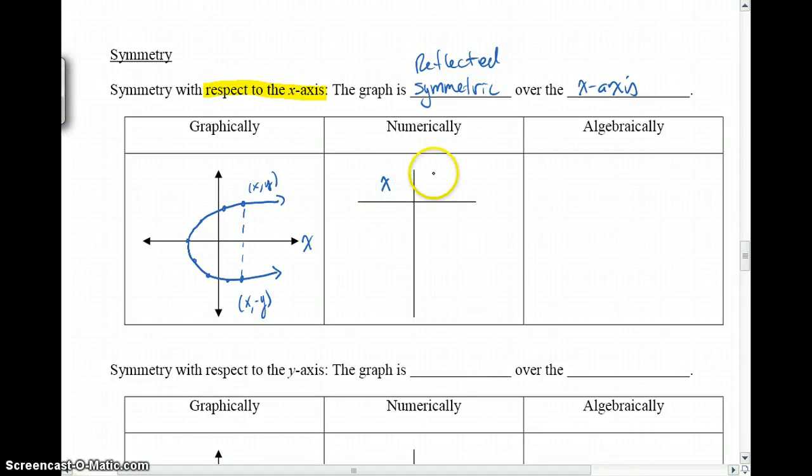So if I were to look at this numerically or in a table, let's say x is negative 3, negative 2, negative 1, 0, 1. So at negative 3 it's 0. Let's say at negative 2 it's, well, it would be positive and negative 1. There would be two values, up and down, a positive value and a negative value. At negative 1, let's say that is plus or minus 2.